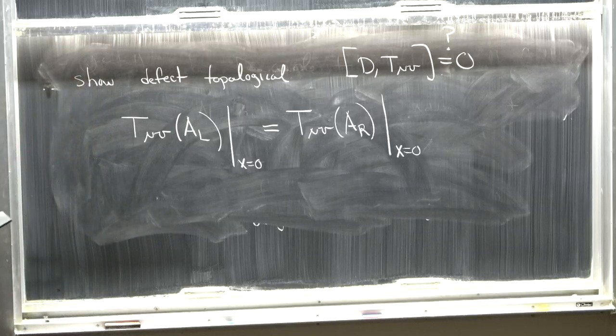That's what commuting with D means. The stress tensor just freely passes through D. There is no energy and momentum generated by this defect contribution. And we have enough to check that because we know how the left and the right fields are related.